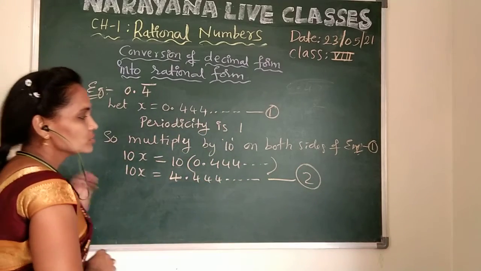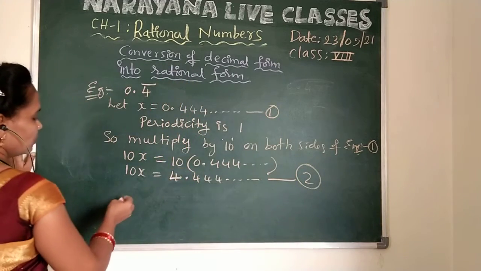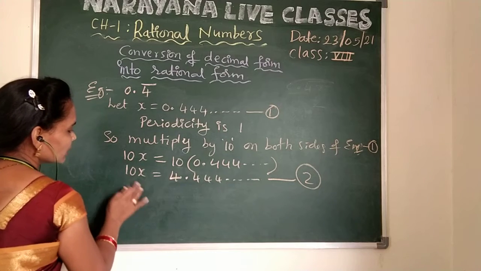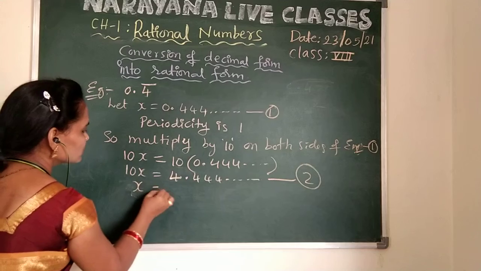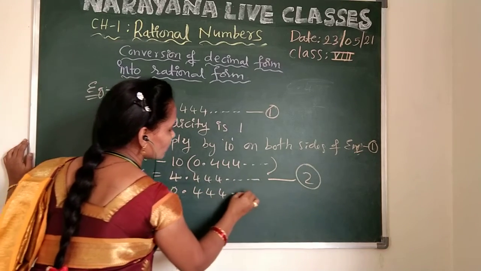Now you should subtract equation 1 from equation 2. Equation 2 stays as it is, and beneath it I write equation 1, 0.444 and so on.